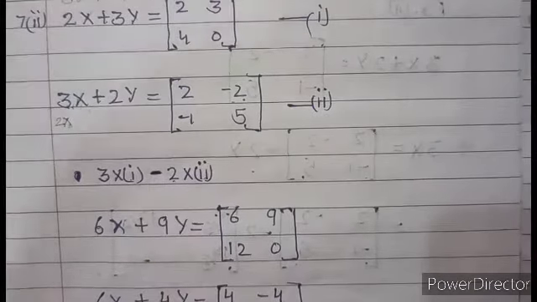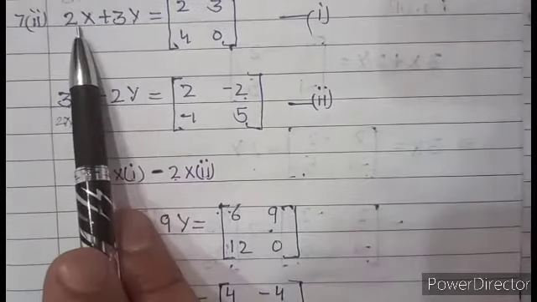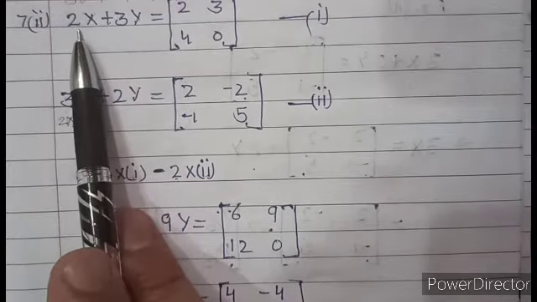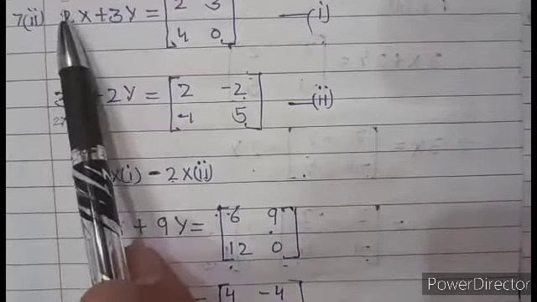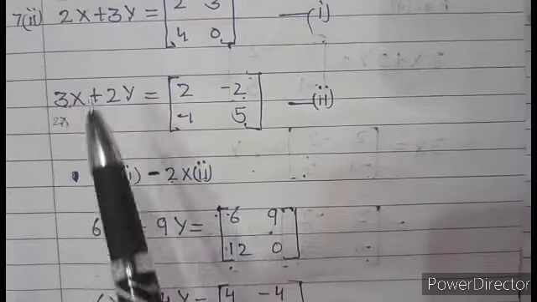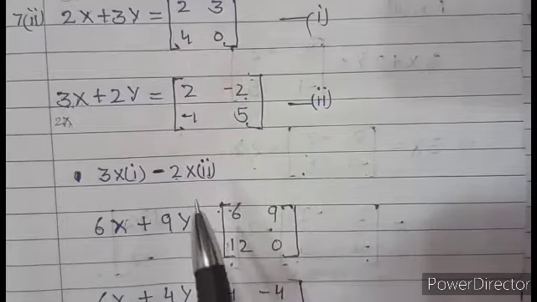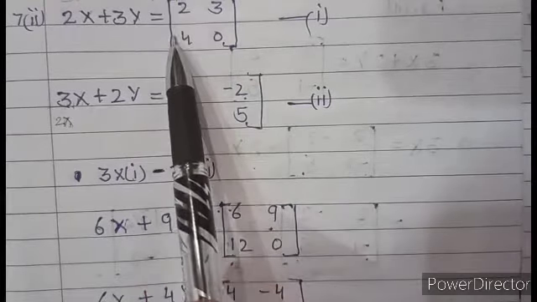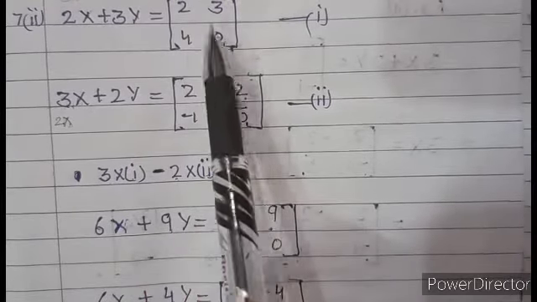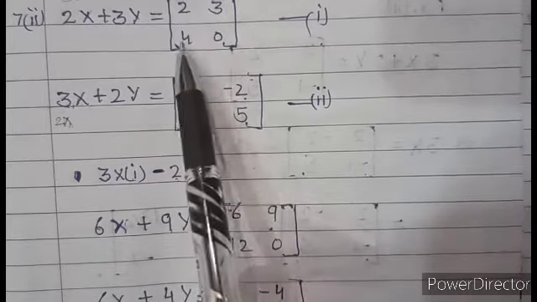Now the first matrix after multiplying with 3 will become 3 into 2 will be 6x and 3 into 3 will be 9y. After that 3 will be multiplied to the matrix 2 3 4 0, and as we know the scalar is multiplied to all of its elements.